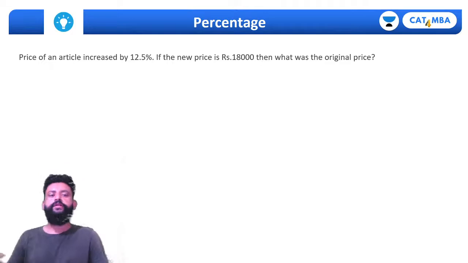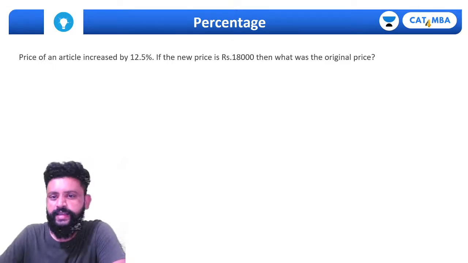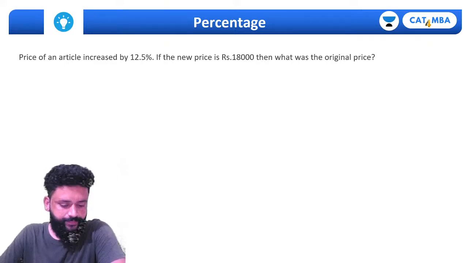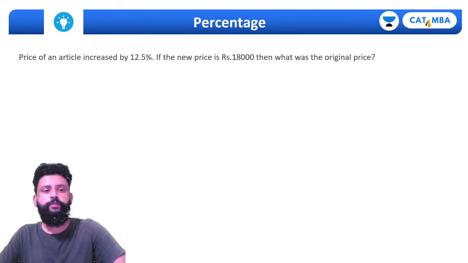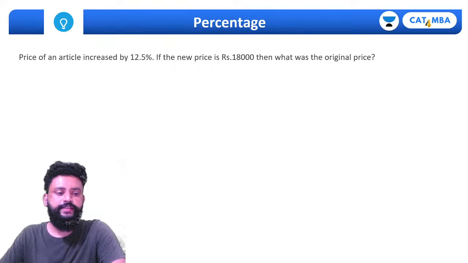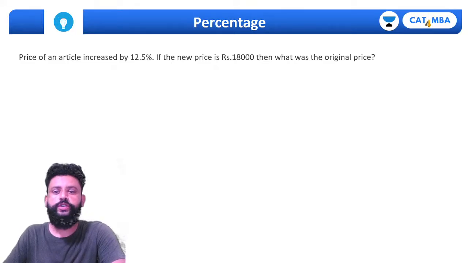Let's check it again. The price of an article is increased by 12.5%. The new price is 18,000. Then what was the original price? If the new price is 18,000, then what was the original price?